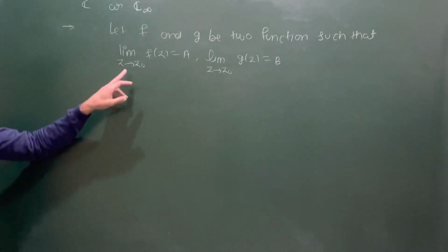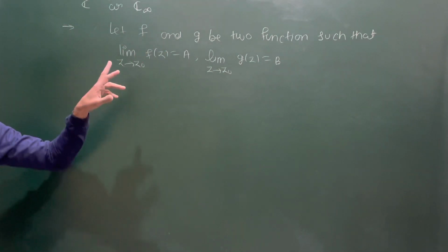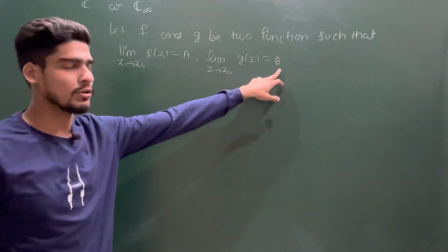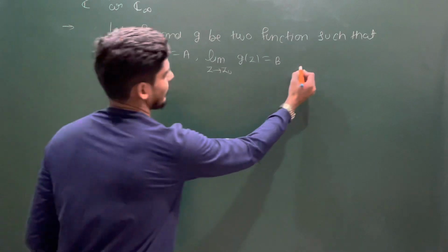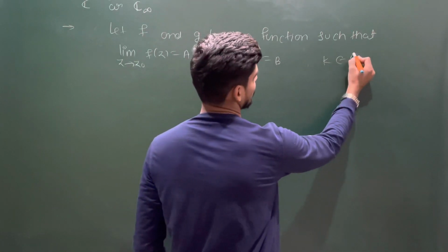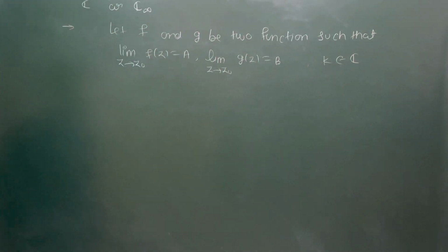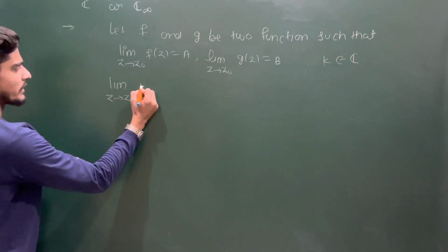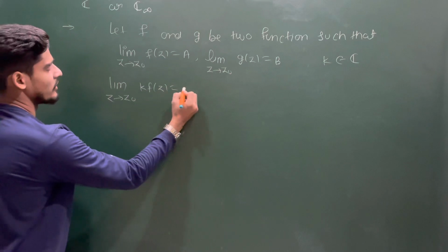I am assuming this z naught is a limit point of my domain, and this limit exists and is equal to a, and this limit is equal to b, and k be a fixed complex number. Then limit as z approaches z naught of k times f(z) will be k times a.